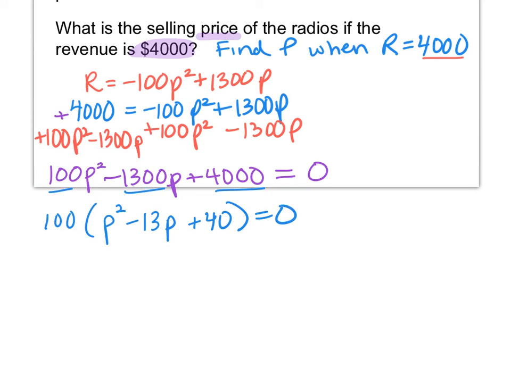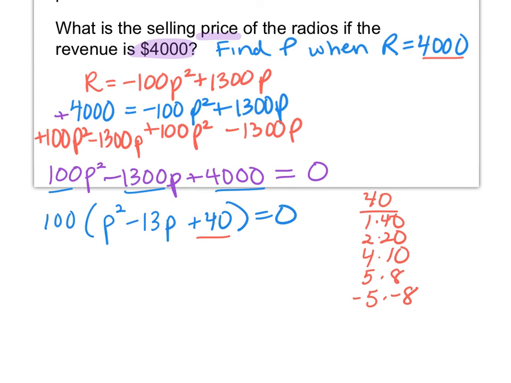The trinomial is a simple trinomial that can be factored by looking at the last term of positive 40 and listing the pairs of factors of 40, which are 1 times 40, 2 times 20, 4 times 10, 5 times 8, as well as the possible negative values, -5 times -8.